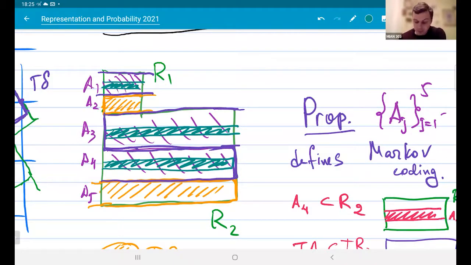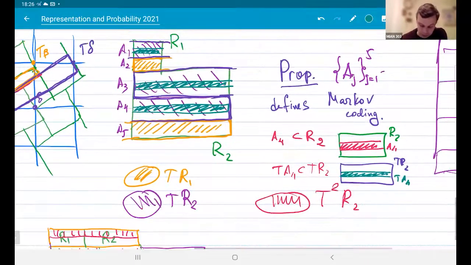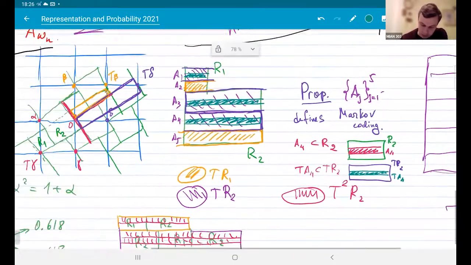Therefore, we have the following claim. And of course, the same can be drawn for any other image of AJs. So we have proven, in fact, the following claim. Let us draw it right down here.